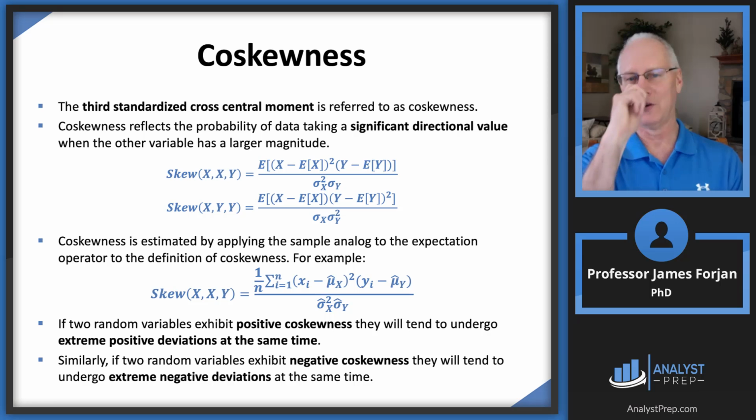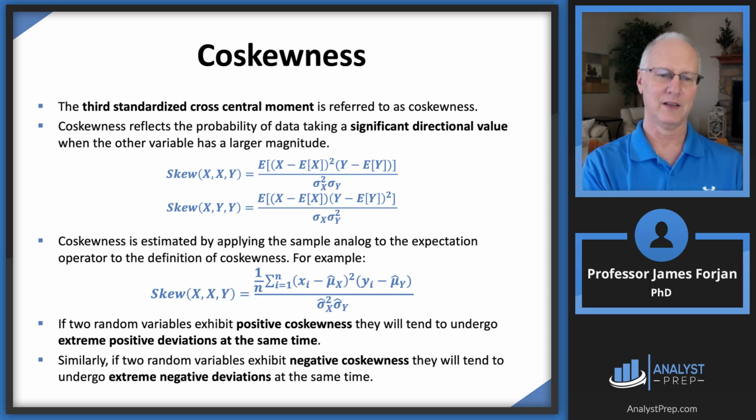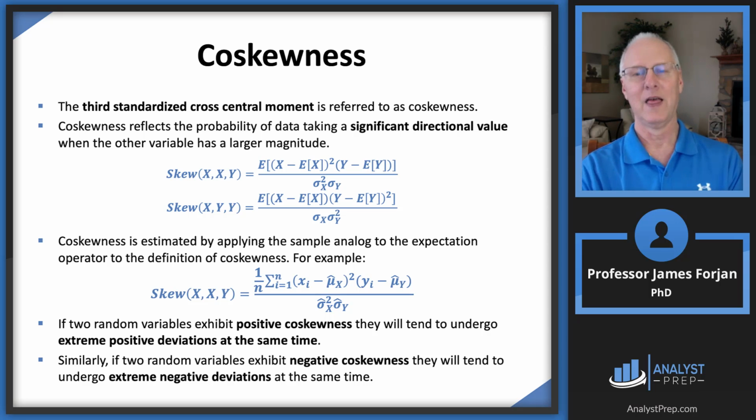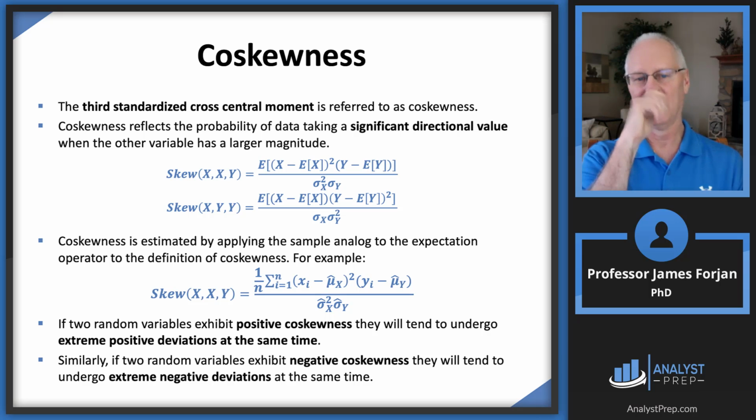If you look in the numerator of those two formulas, you'll see that we square the difference between the first random variable and its mean, but we only consider the difference between the second random variable and its mean one time. And then we do the opposite for that second part there.